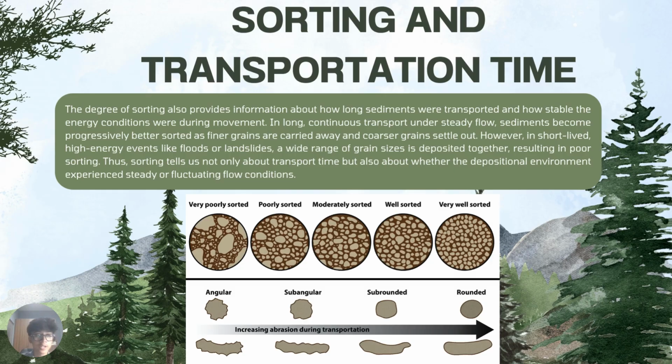As you can see in the picture below, from left to right, it explains how sorting can tell us about the environment of the earth, like the paleocurrent, depositional environment, etc.